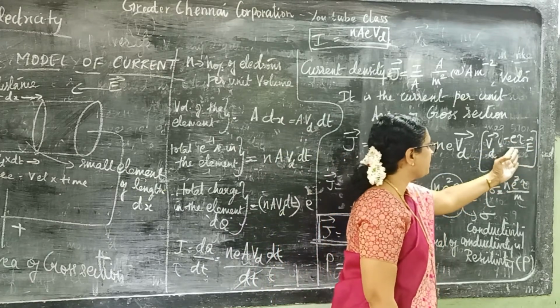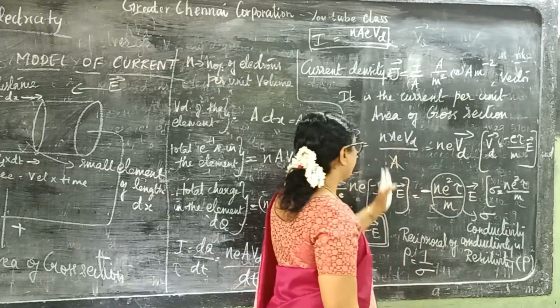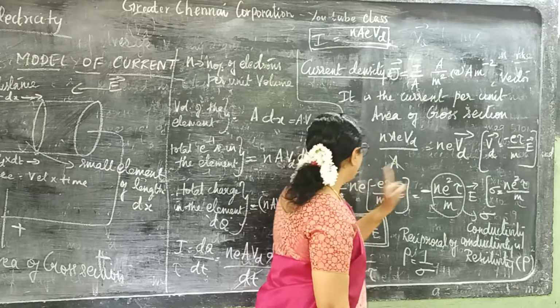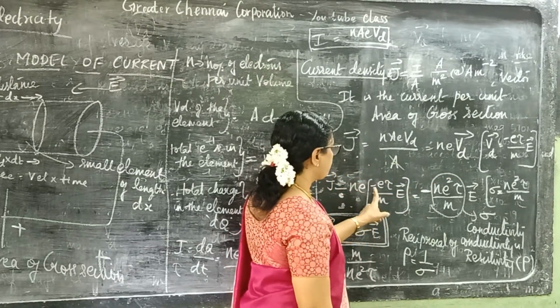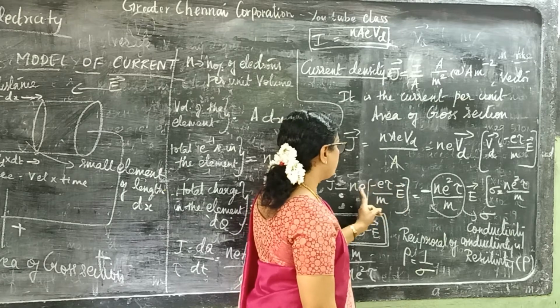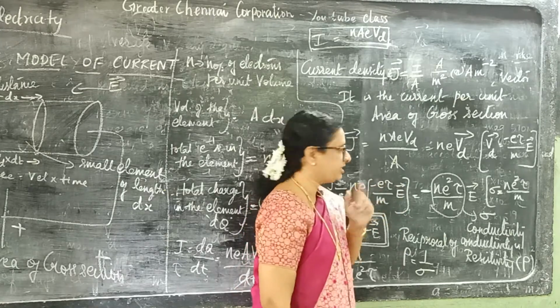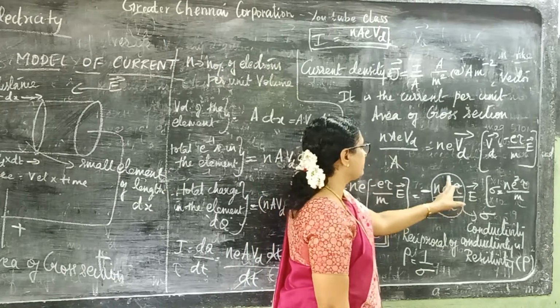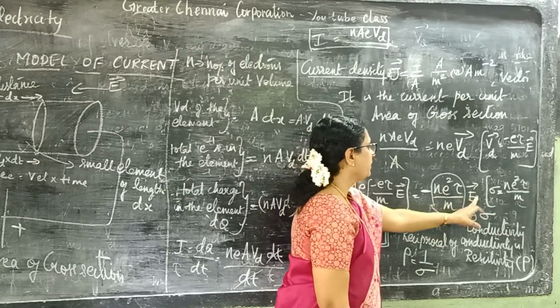So substitute this Vd in the expression for current density. J is equal to n e into Vd. You substitute minus e tau by m into E vector. So here you have e into e, you will get e square, and taking the minus outside, minus n e square tau by m into E vector.